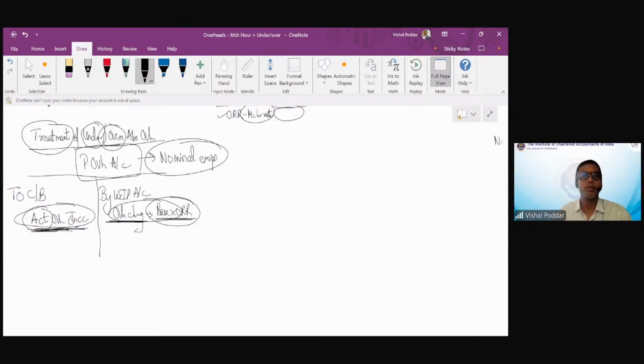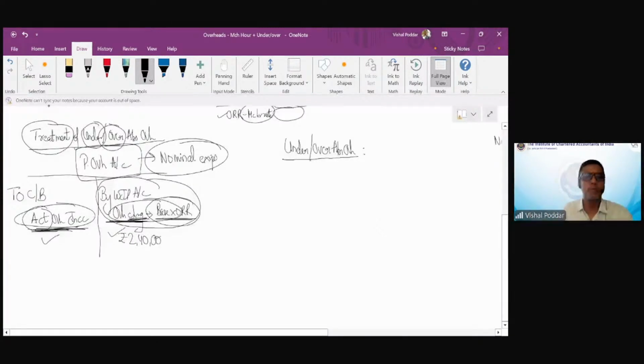So how do we solve this sum? We first find out the amount of under/over absorbed overheads. What is this under/over absorbed overheads? It is the difference between the two. Now, this side is the amount of overheads which you have charged. Let us say this value comes to 2,40,000 in the year.